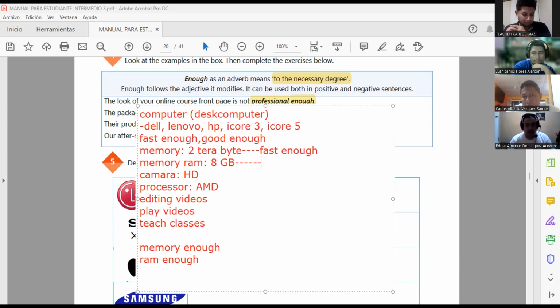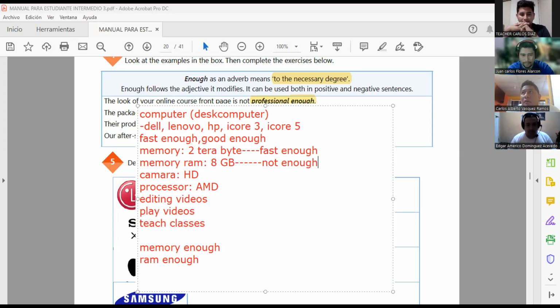More capacity. For example, 8 giga is not sufficiente. What do you mean? Not enough. Not enough. At this moment, the new computers, the new generation, have more capacity.